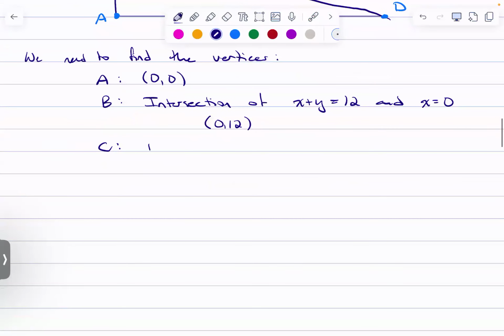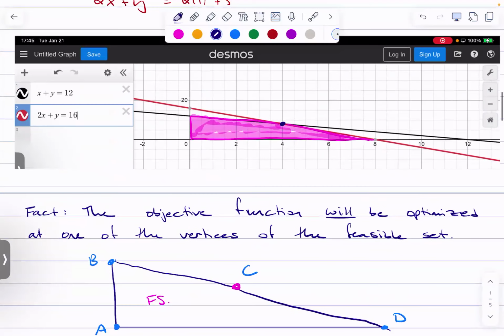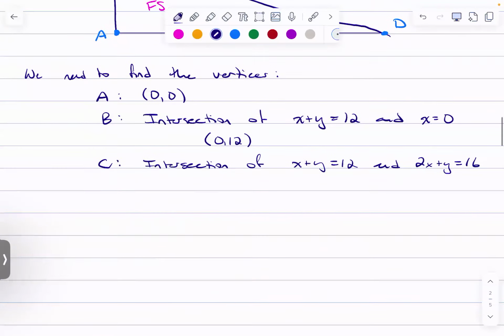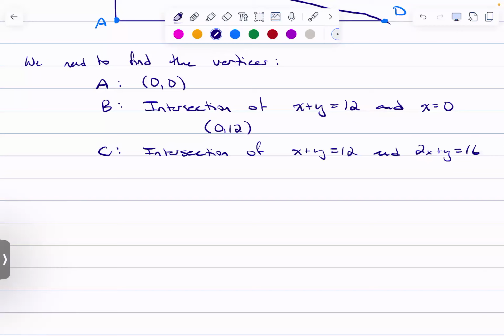C is the intersection of x plus y is equal to 12 and 2x plus y is equal to 16. Let me just confirm. 2x plus y is equal to 16. Yeah. A couple of ways you can solve this. You can use elimination if you want, but I'll use substitution. I'll rearrange both of these to be y equals whatever, and then force them to be equal to each other.